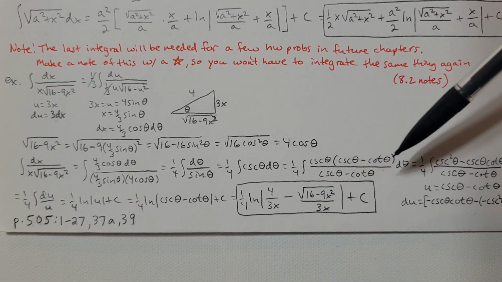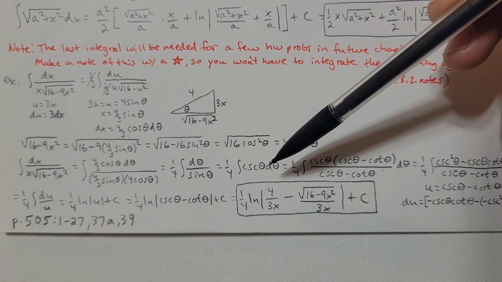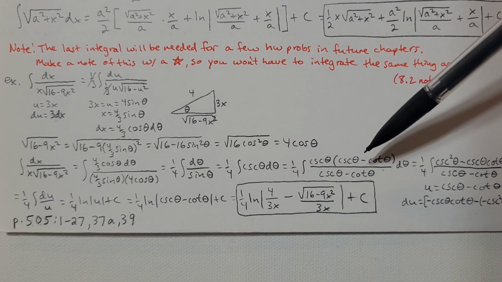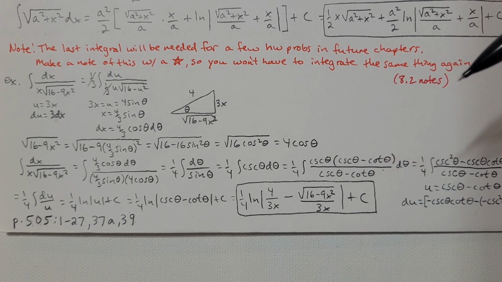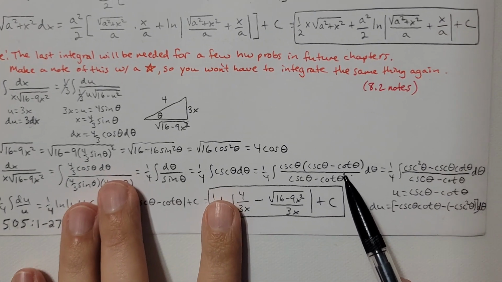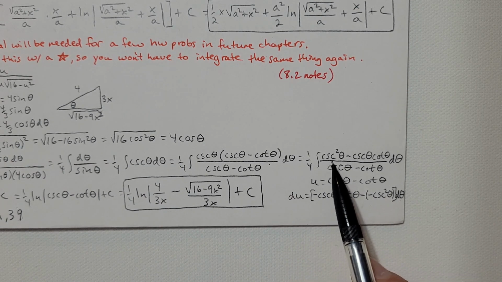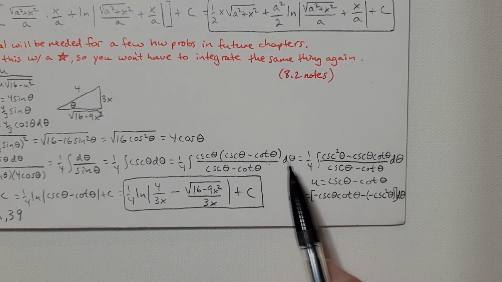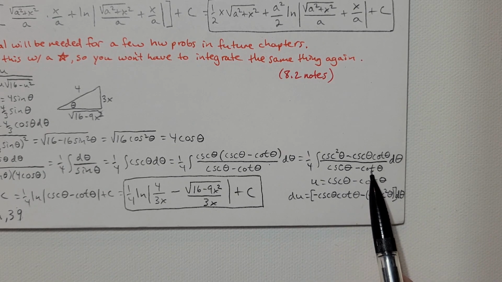But you're going to multiply the top and the bottom of cosecant theta divided by 1 by cosecant theta minus cotangent theta. Okay, and if you distribute the cosecant theta terms, you got cosecant squared theta minus cosecant theta cotangent theta divided by cosecant theta minus cotangent theta.